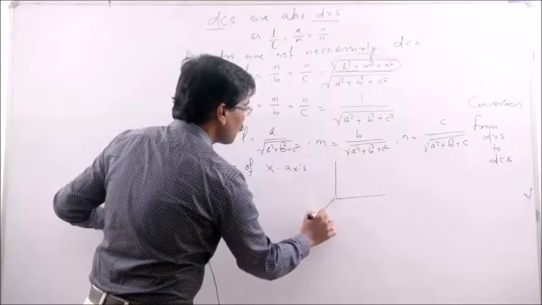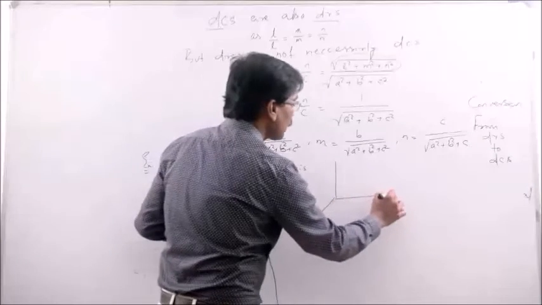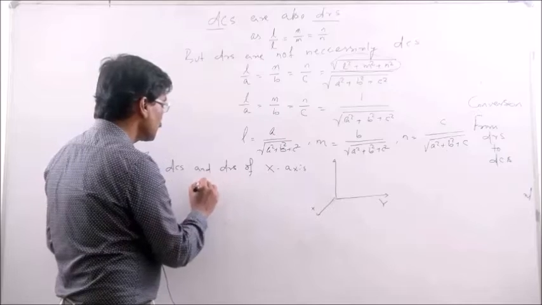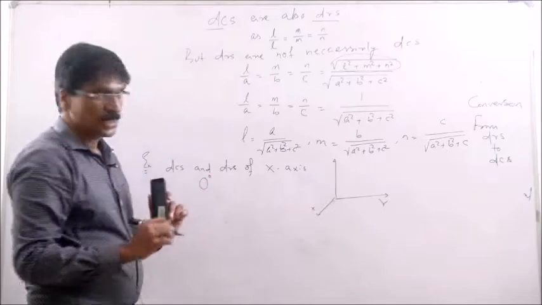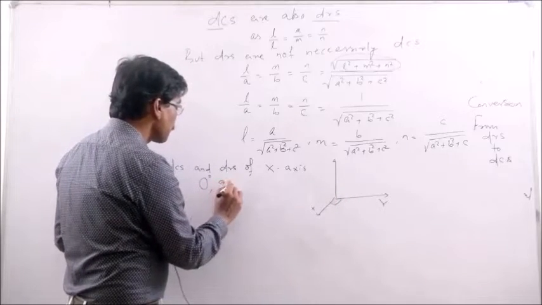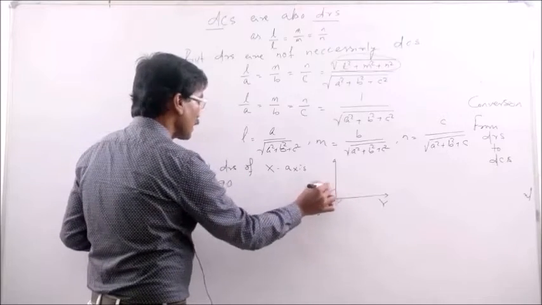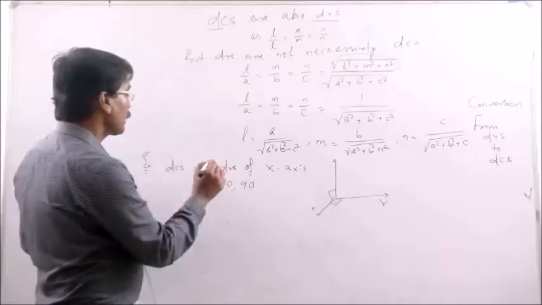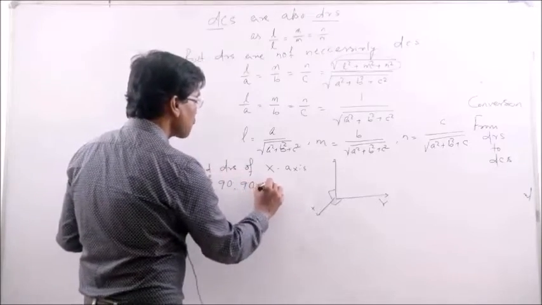First of all, what is the angle of x with itself? X with itself is angle 0 degree. X with y axis angle is 90 degree, and x with z angle is again 90 degree. So, 0, 90, 90 are the direction angles of the x axis.